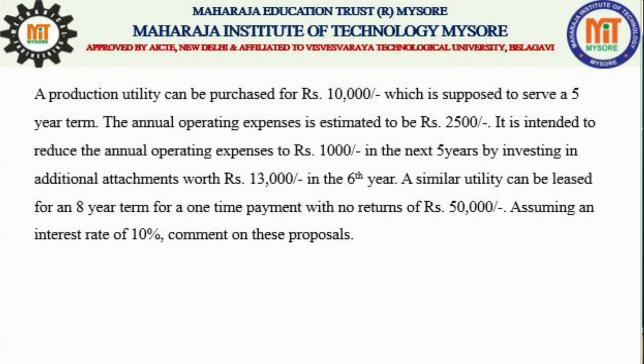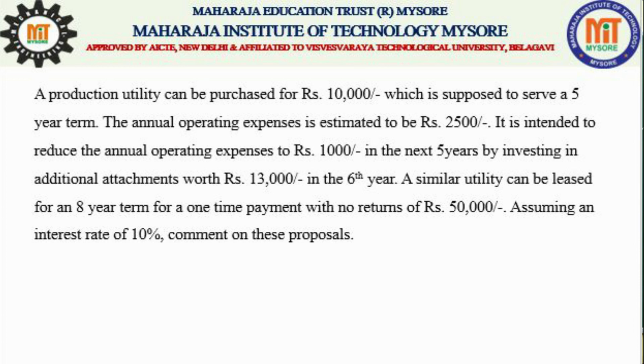A production utility can be purchased for rupees 10,000, which is supposed to serve a 5-year term. The annual operating expenses are estimated to be rupees 2500. It is intended to reduce the annual operating expenses to rupees 1000 for the next 5 years by investing in an additional attachment worth rupees 13,000 in the 6th year.